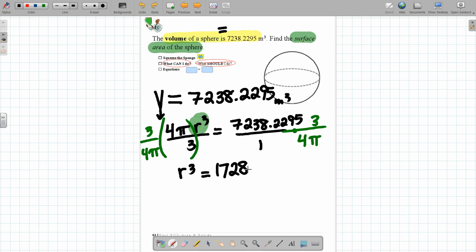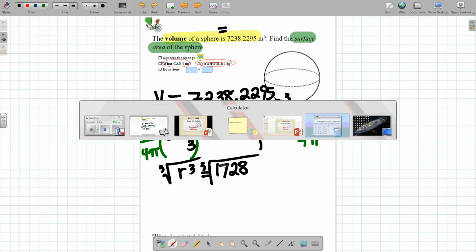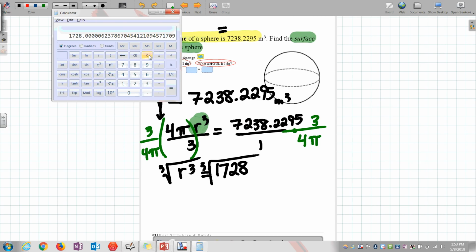Okay, and for cube rooting, now watch very carefully. Some of you have a cube root function on your calculator. I have a cube root function on mine. That's not square root. 1728 cube root. That means what number times itself 3 times? And it's 12.